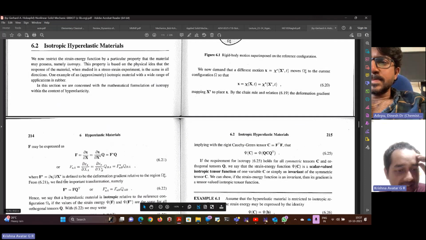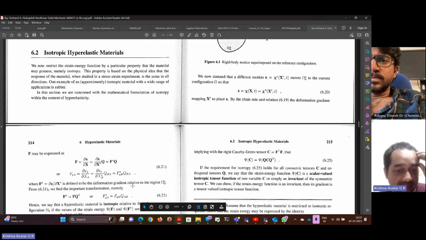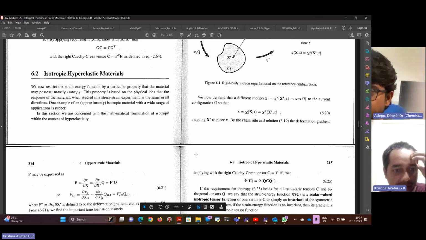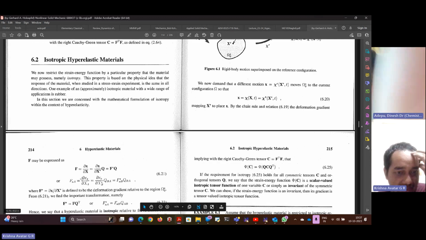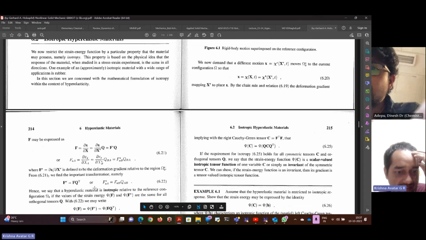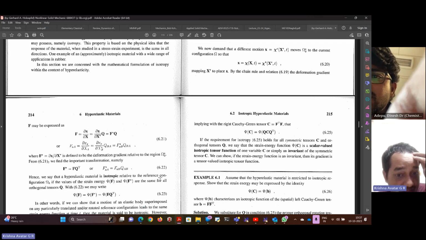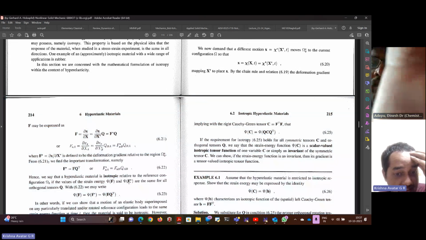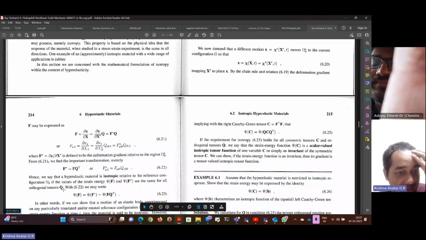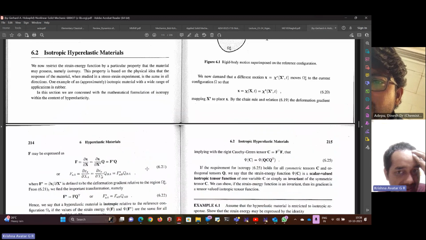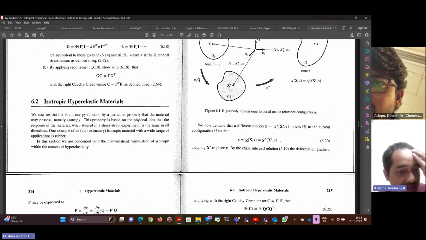So F star is the deformation which takes us from omega naught star to omega. And then we just take the inverse on both sides with respect to Q. And now we say that our hyperelastic material is isotropic relative to the reference configuration omega naught if the values of the strain energy psi of F and psi of F star are the same for all orthogonal tensors Q. You see, so even in this case and in this case, the energy should be the same.